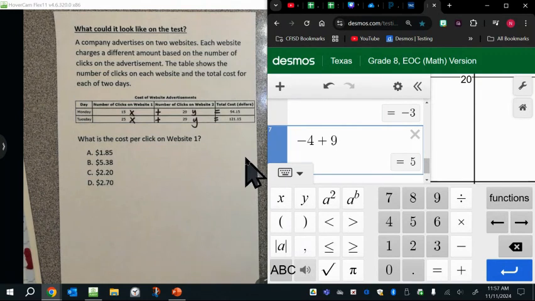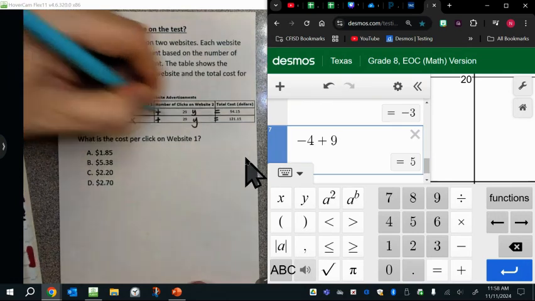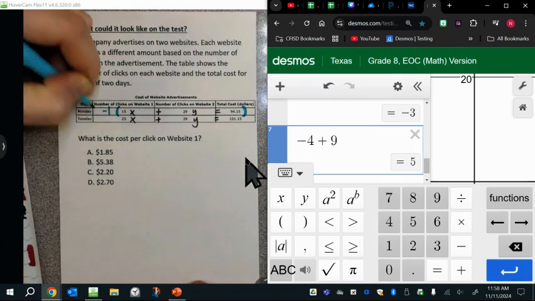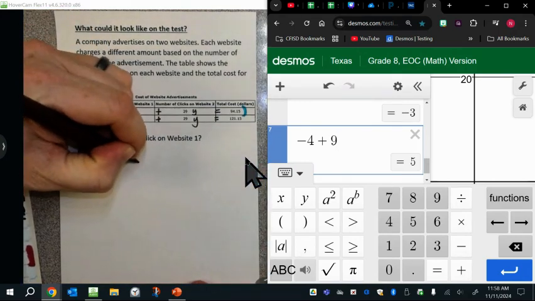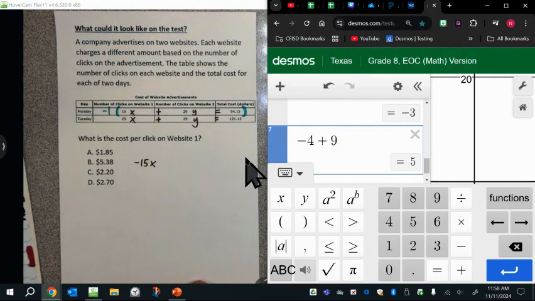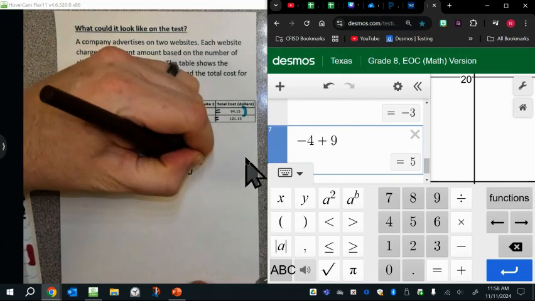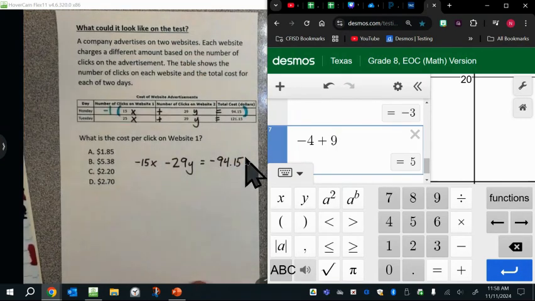So let's do this. Let's multiply one of the equations by a negative 1. If I multiply that by negative 1, I'm going to get negative 15x minus 29y equals negative 94.15.